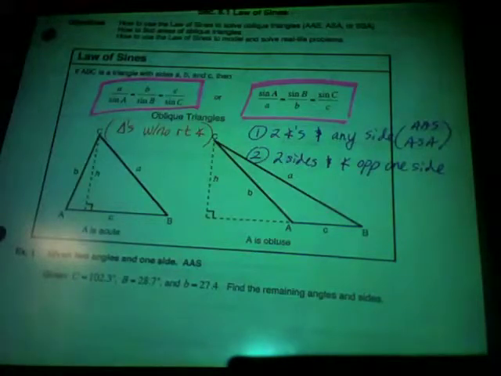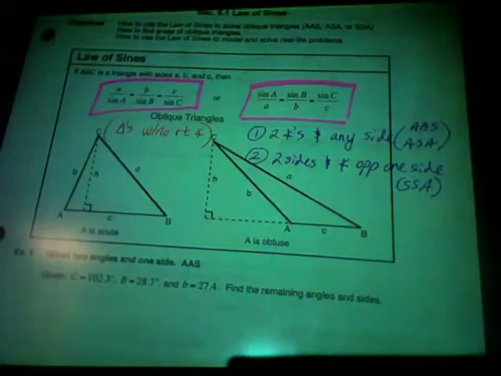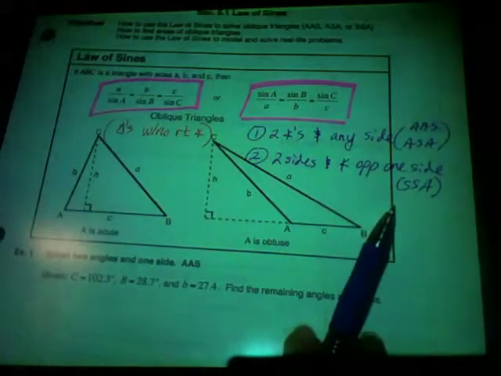So in other words, you cannot have SAS, because SAS is the included angle. It must be SSA, or you could think of it as ASS. This is the one that's the toughest. We'll spend quite a bit of time on ASS. This is the one you probably did not do last year, number 2.